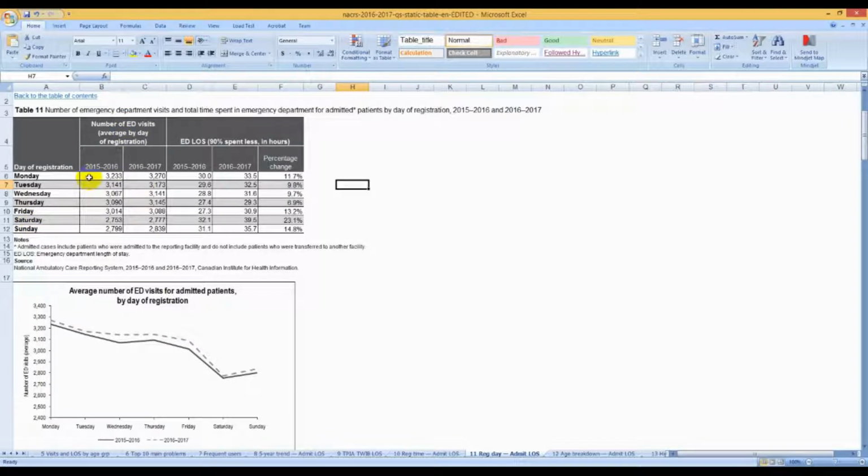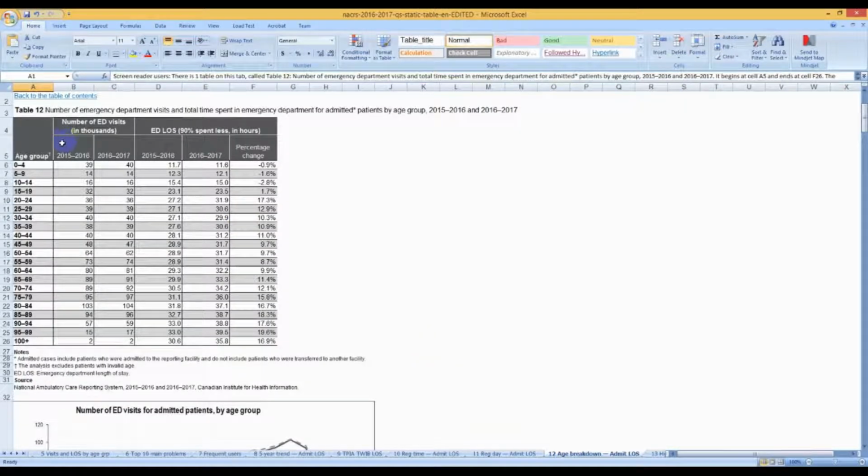Monday has this number of ED visits, and here is the summarized chart. Here has the percentage change as well. You can see Saturday, compared to last fiscal year and this fiscal year, is pretty much a quarter increase, from 32 to 39.